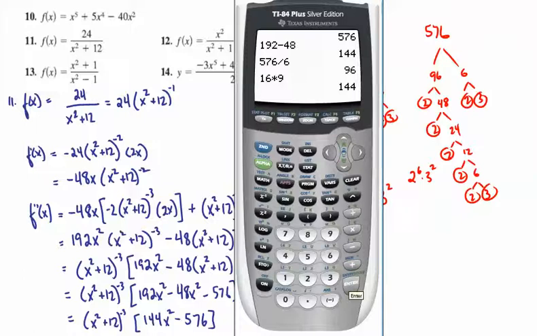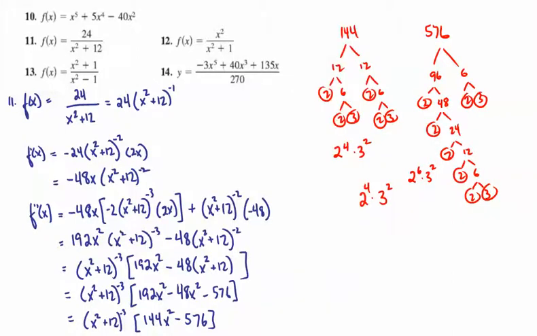So I guess 576 then is just 144 times 4, exactly.